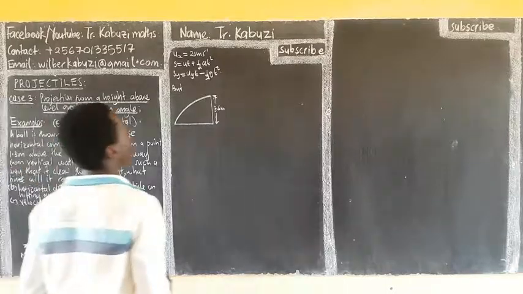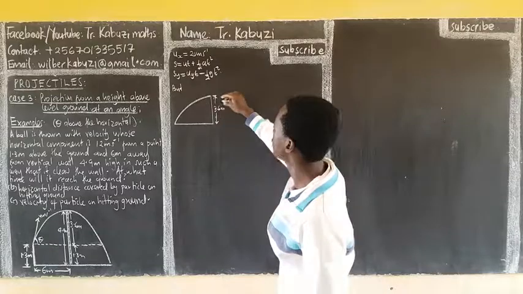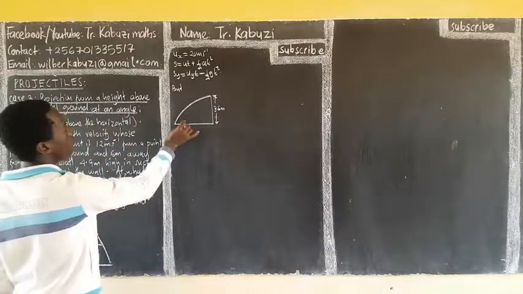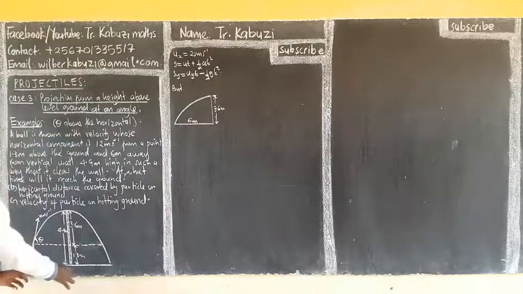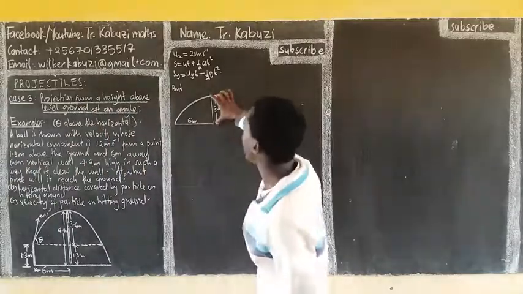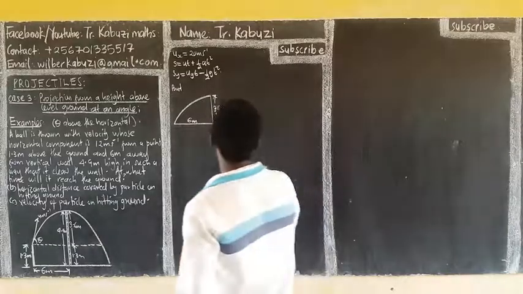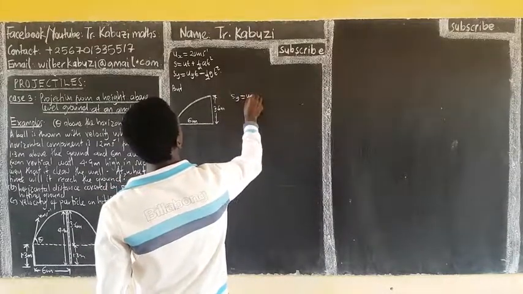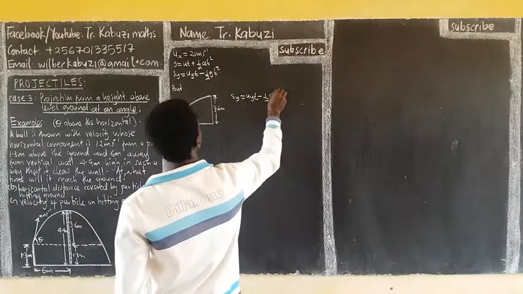Now I have this distance, and this one is 6 meters, because from here up to here is the same as from there up to there. Now, if I have this distance, which formula can I use so that I can get the component? Because from my sy, I'll be getting uy t minus a half g t squared.